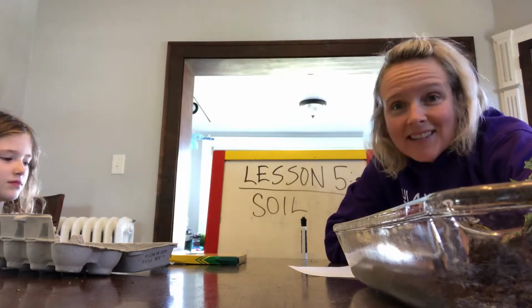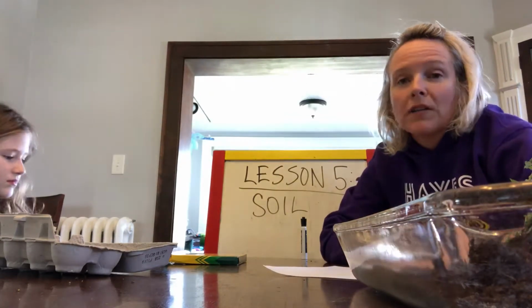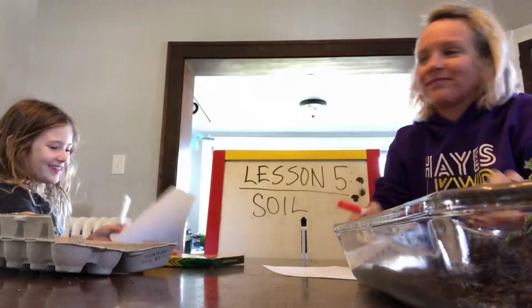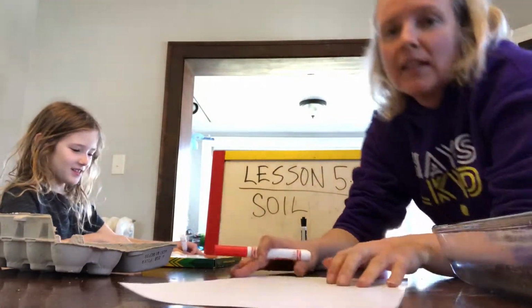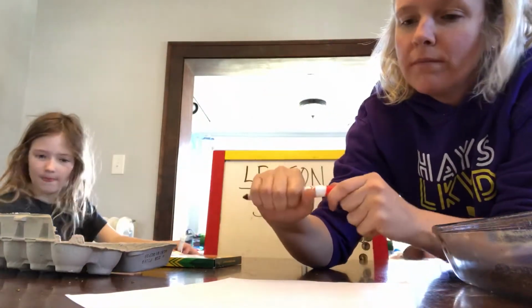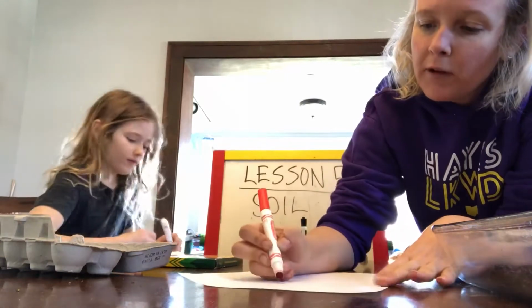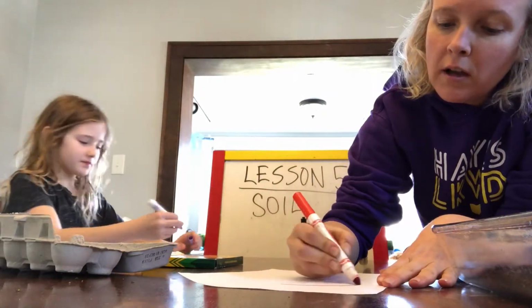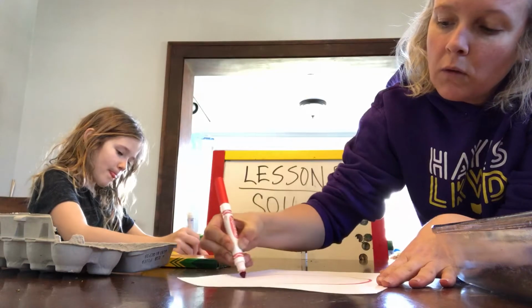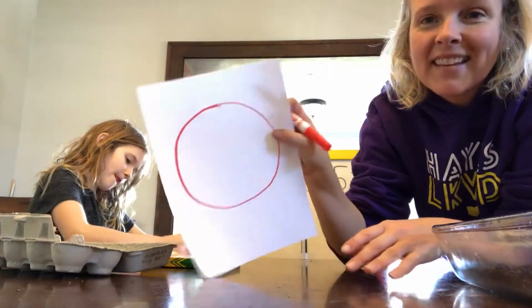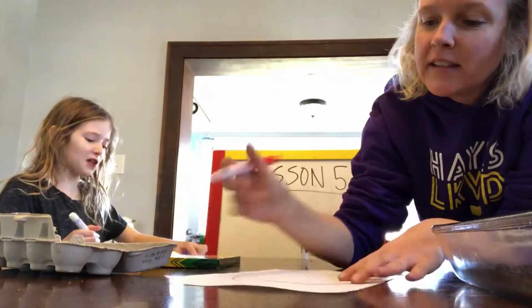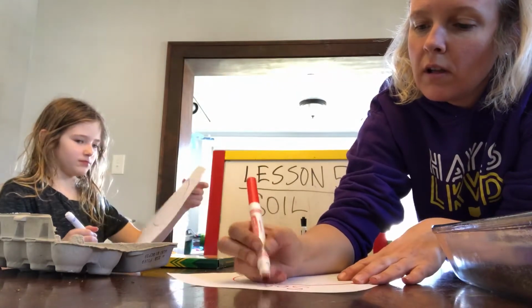Well, to learn this, we're going to draw something called a pie chart. Pie charts are fun. They start out with a circle. So on my paper or in my notebook, I'm going to draw a circle. That's pretty good. Circle. And this is soil.